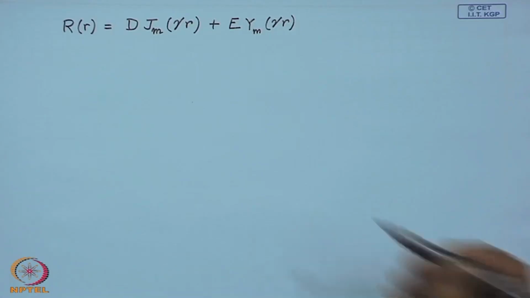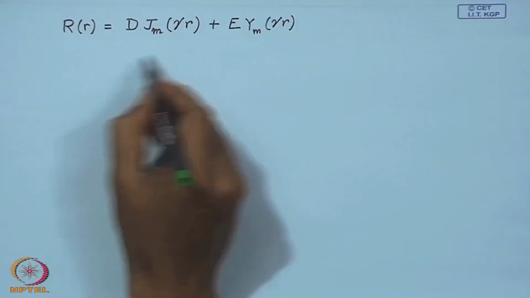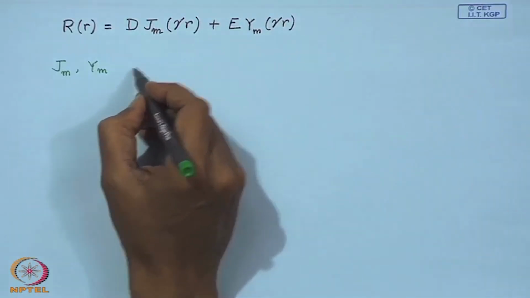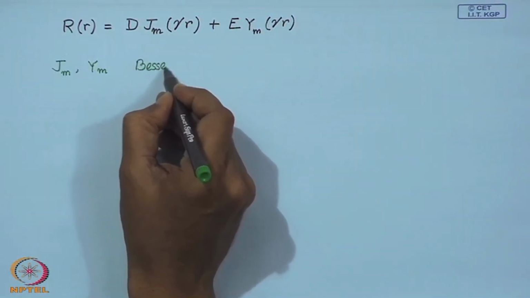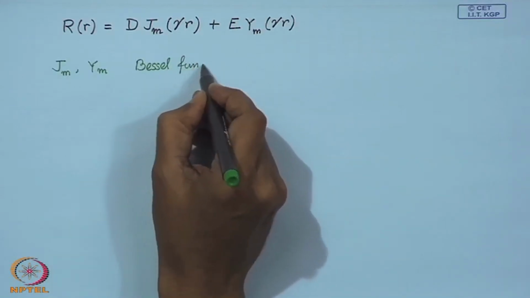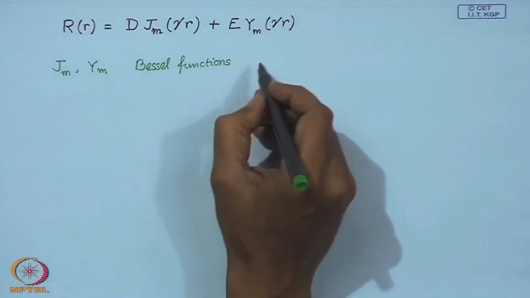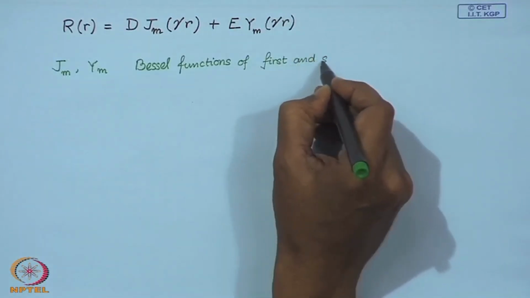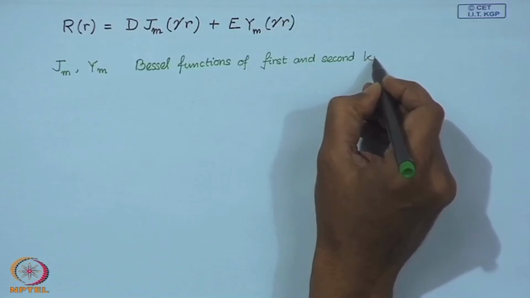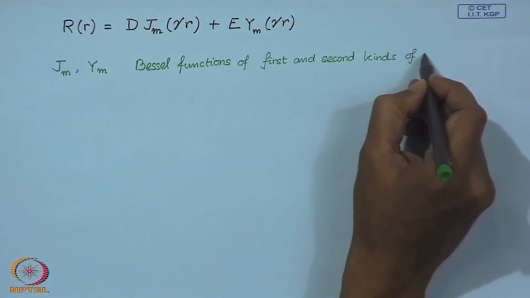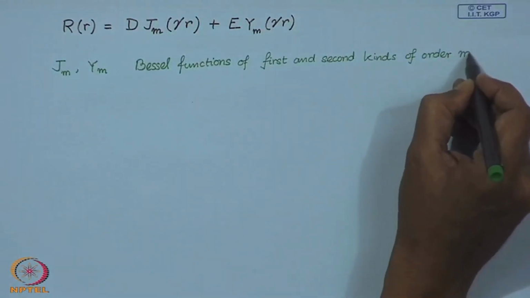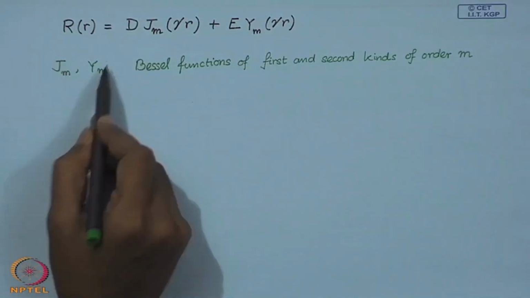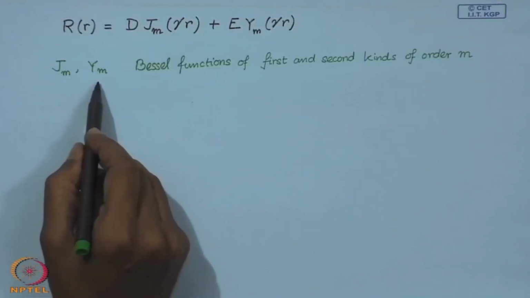Here, they are the Bessel functions of the first kind and the second kind, and they are of order m.